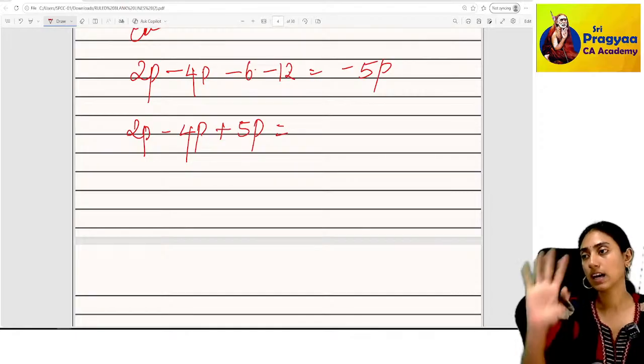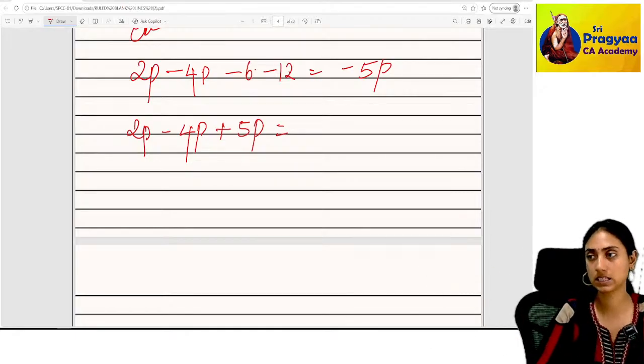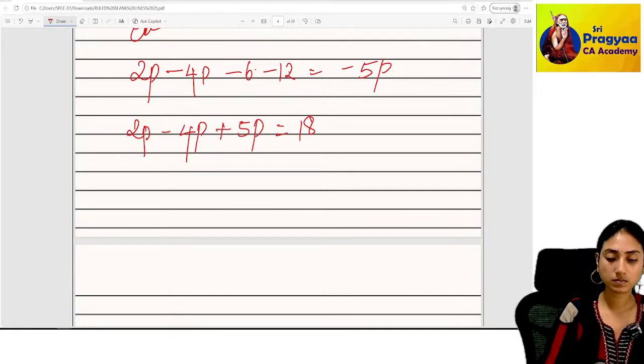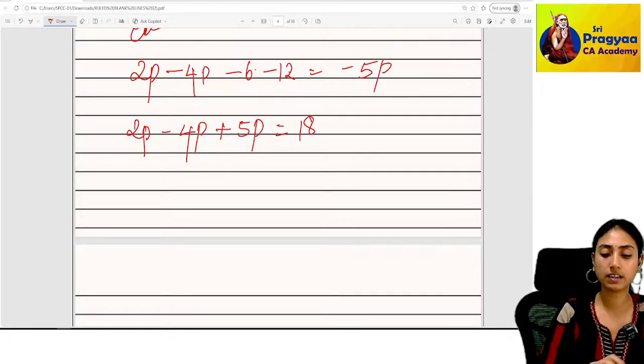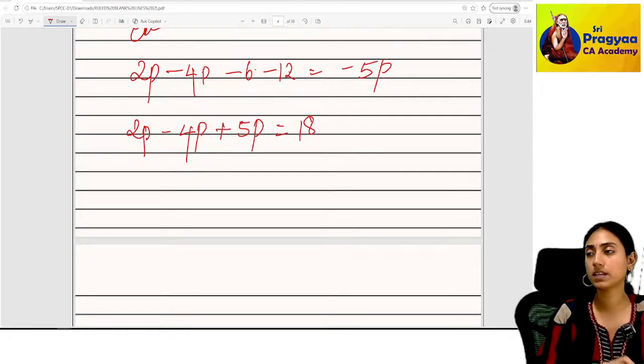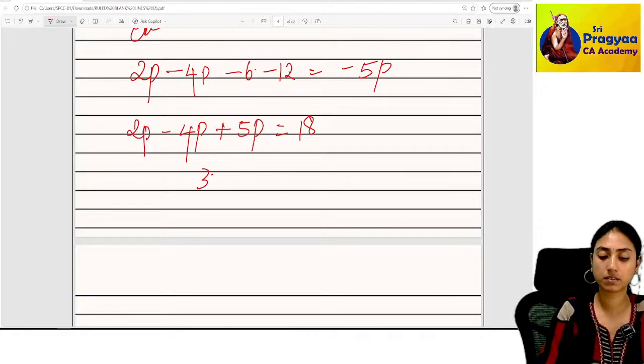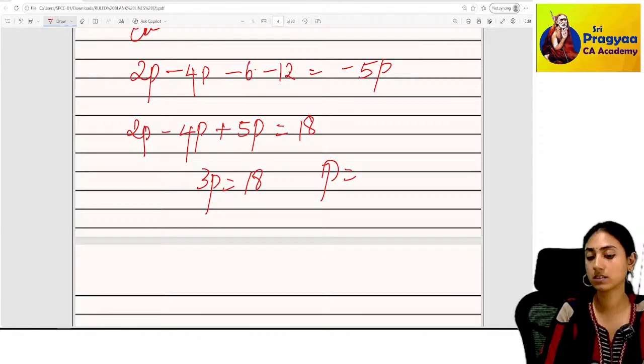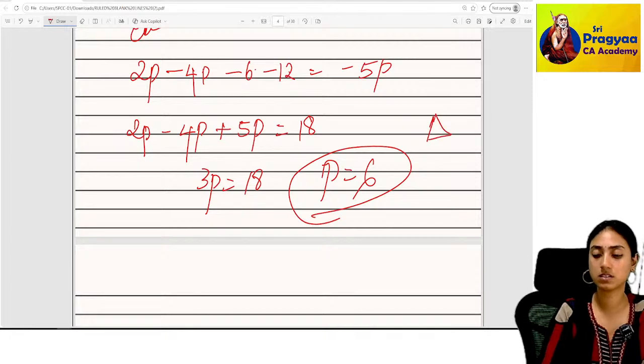Correct? Going to the other side, plus 18. So, this will be 7p minus 4p, 3p. p is equal to 18 divided by 3. Option A.